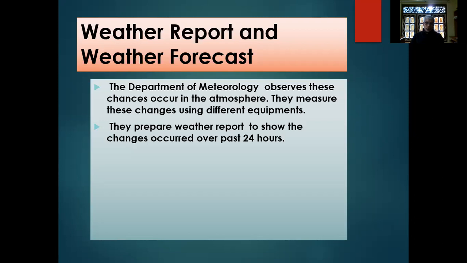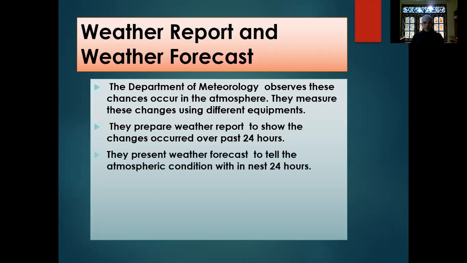When you look at the weather report and weather forecast, you can understand it very clearly because it is clearly mentioned and clearly shown. Then they present the weather forecast. Forecast means telling about the near future. That means the next 24 hours. They present the weather forecast to tell the atmospheric condition within the next 24 hours.